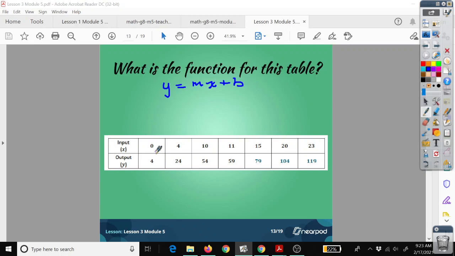So I've got to multiply and add or subtract. Well, if I think this is a linear equation, I can say this is my intercept. So this is going to be 4. So the plus b will be plus 4. Do these go up by the same amount every time? So 24 minus 4 is 20. 54 minus 24 is 30.